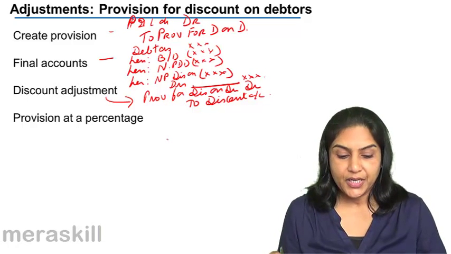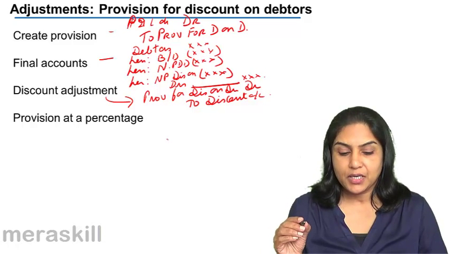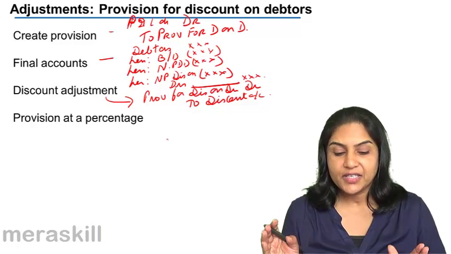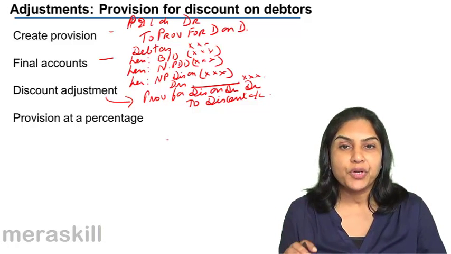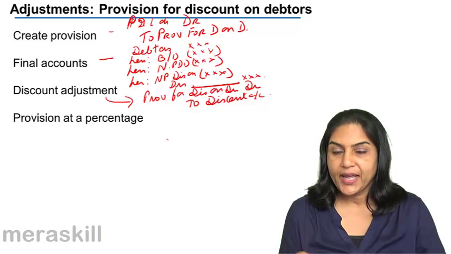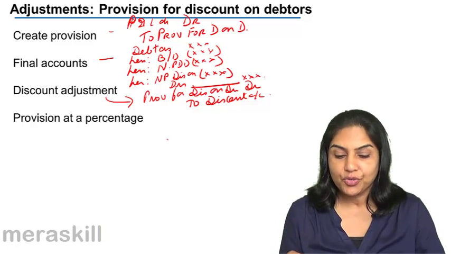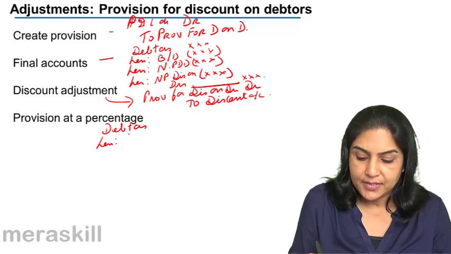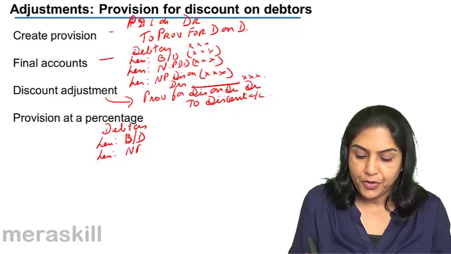Provision at a percentage. Sometimes this provision for discount on debtors is not given as a lump sum amount, but it is computed as a percentage on the debtors. What do we take as a percentage on debtors? Debtors less bad debts, less new provision for doubtful debts.